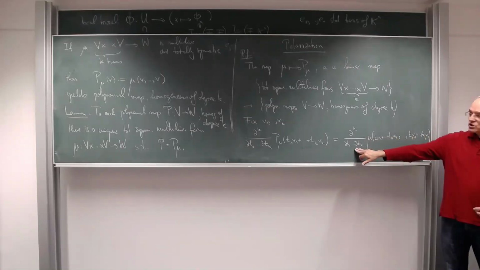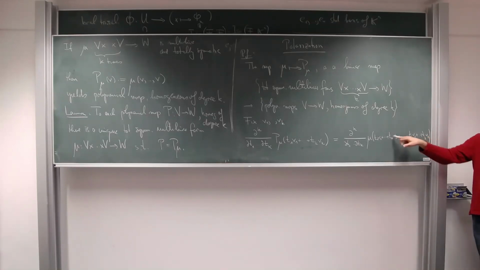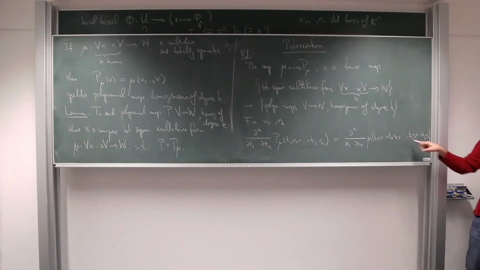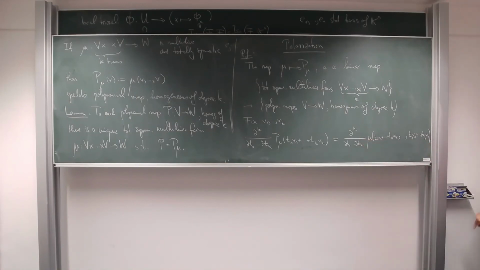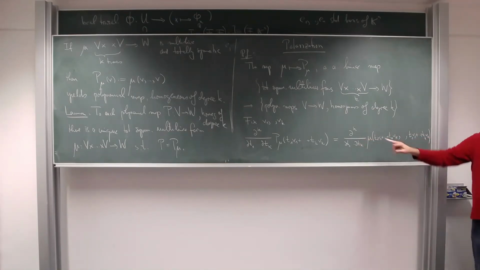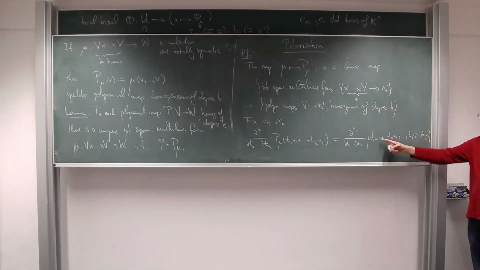And then I differentiate k times. The only terms that survive are the ones where you take a different t from each slot. Because if you take the same t at two of the slots, then one of the t's is missing, and when you differentiate with respect to that t you get 0. So the differentiation selects out all those terms where you select a different t in each slot.